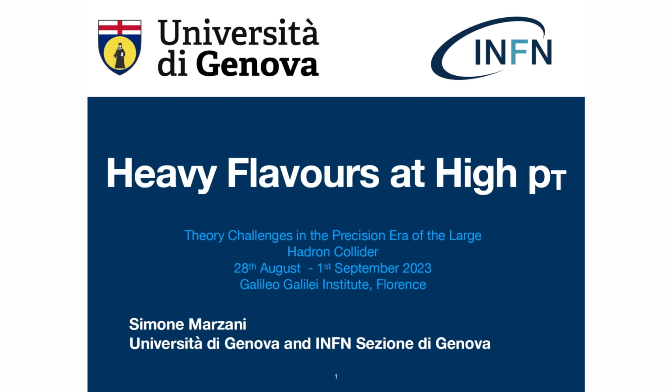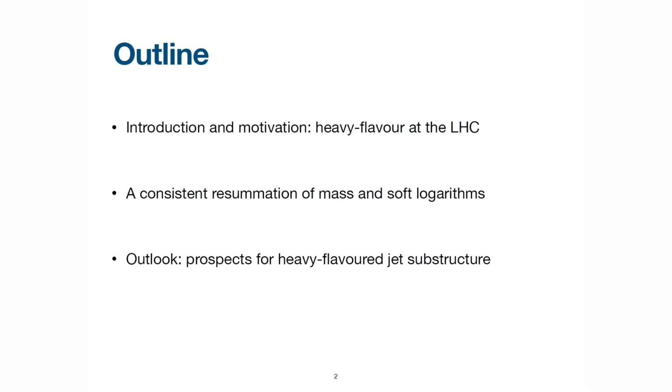So today I'll discuss some work in progress on heavy flavors at high PT. The structure of the talk is the following. In the first part, I'll try to give some introduction and motivation, and describe some of the difficulties that we have to face if we want to describe heavy flavors at the LHC.